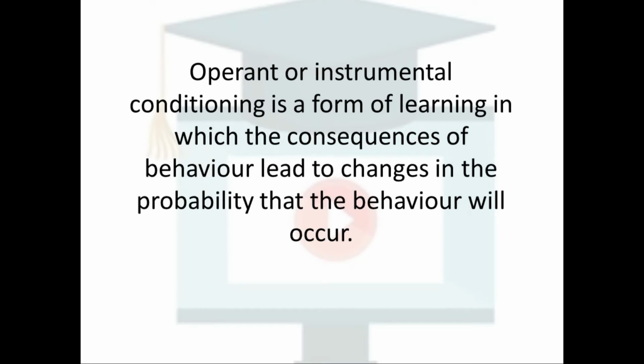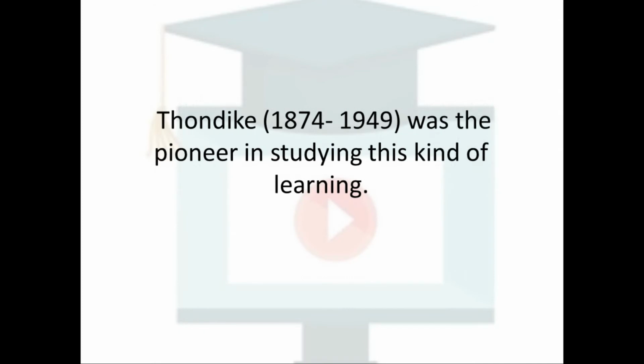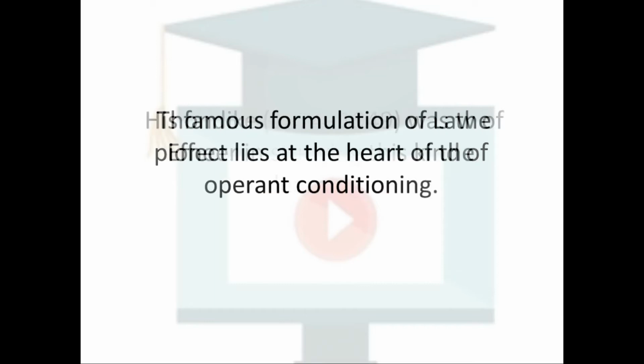Operant or instrumental conditioning is a form of learning in which the consequences of behavior lead to changes in the probability that the behavior will occur. Thorndike, 1874-1949, was a pioneer in studying this kind of learning.